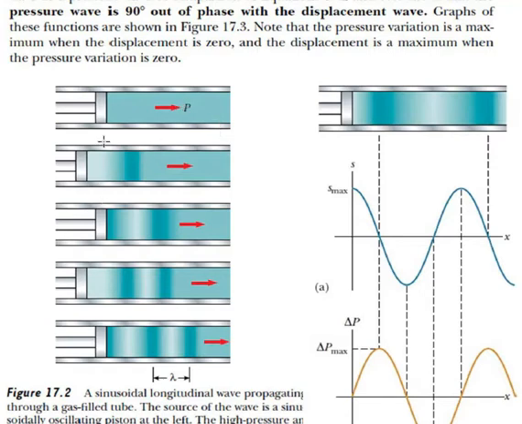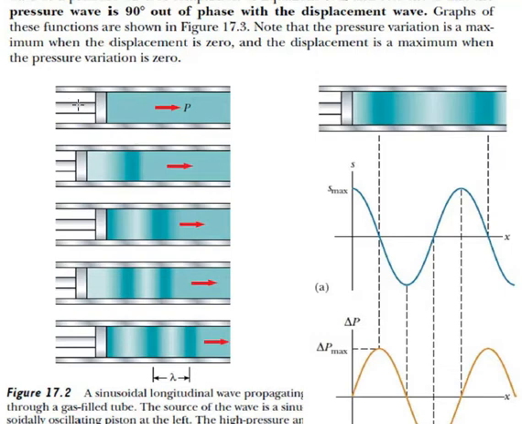So this piston oscillates. In this figure, it is moved forward from the equilibrium position. Here it is moved backward. Again it is moved forward, backward, forward. So this means that the piston oscillates like this.